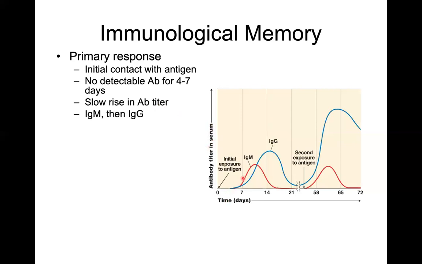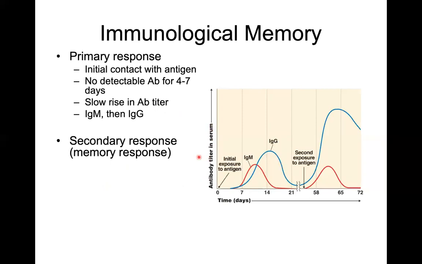Initially, you get an increase in the rise of the class of immunoglobulins called IgMs, and then IgGs. So you can see here within the first 3 weeks, IgM peaks, right? And then IgG is the class of antibodies that will respond secondarily.